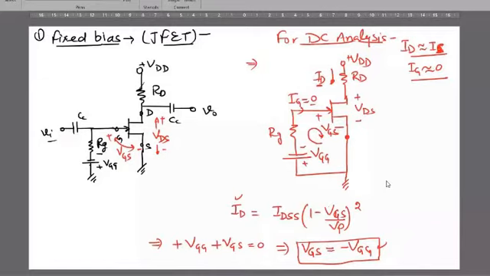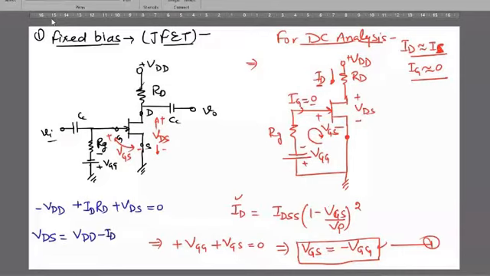Okay, so this is one equation, and second equation we can draw at the output loop, so it will become minus VDD plus ID RD plus VDS equals to 0. And from here we can calculate the value of VDS equals to VDD minus ID RD.